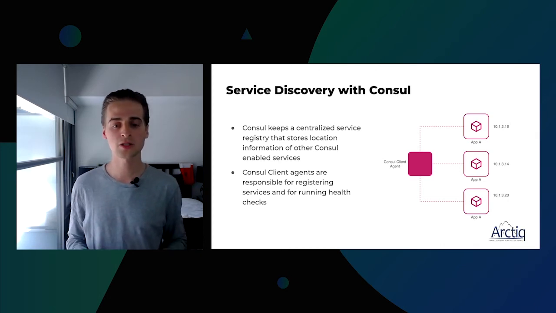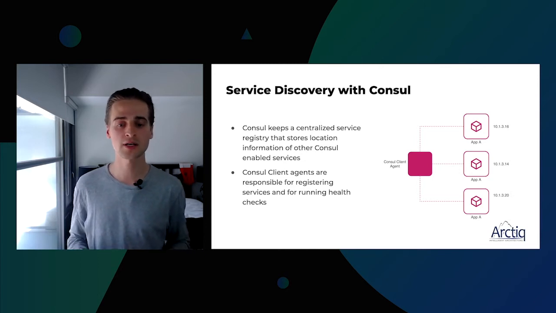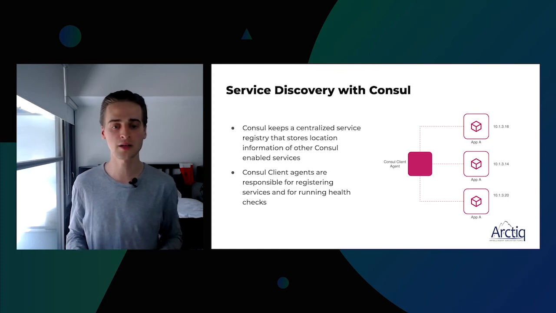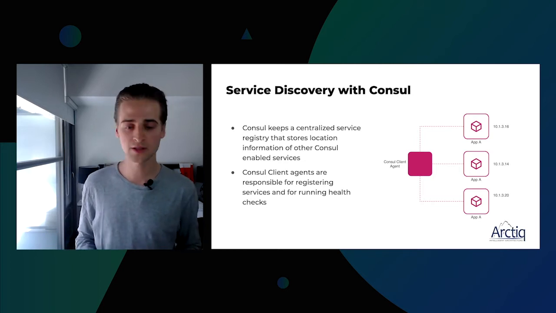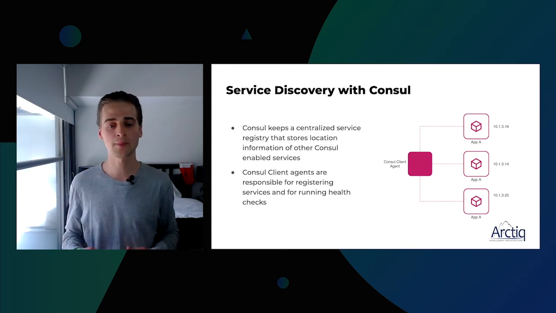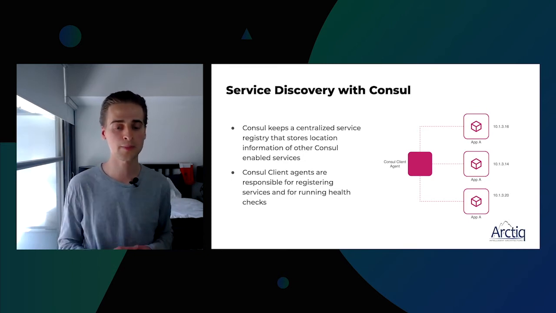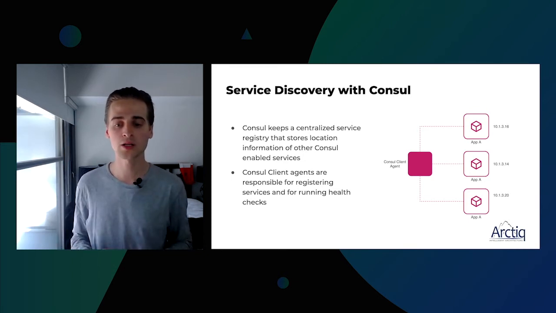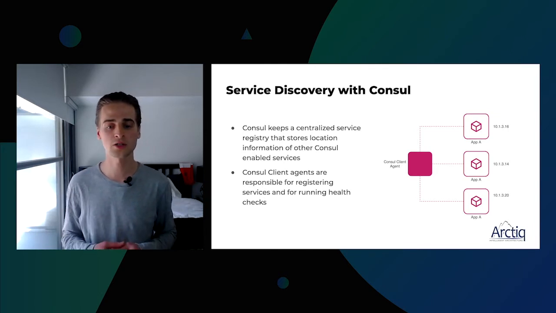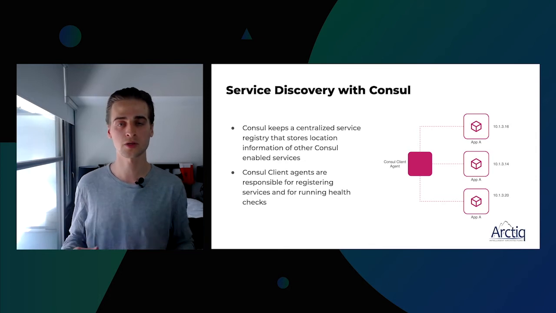The Consul client agent is responsible for registering new services that come up on the node to the service registry, and also provide consistent health checks to ensure that we don't direct traffic to an unhealthy instance. So with that, looking at the diagram on the right, I should be able to delete one of the app A pods, assuming we're in Kubernetes and app A is a deployment, and Kubernetes will spin up a new pod with a new IP that the Consul client agent will register back to the service registry.